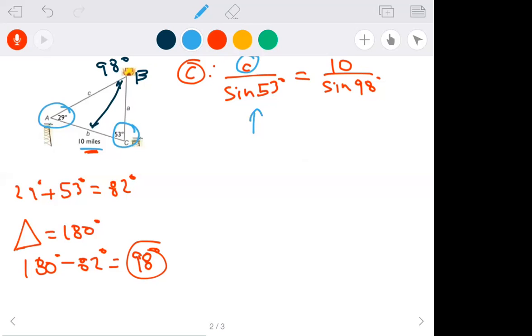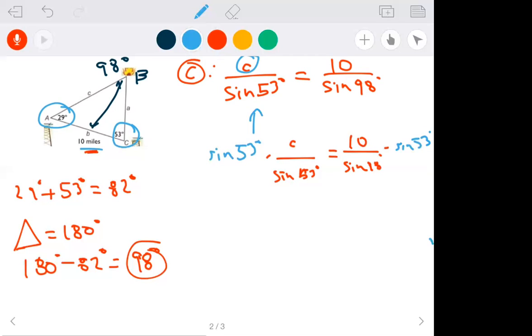If I do that, I end up with sine of 53 degrees being multiplied by C divided by the sine of 53 degrees, and that is equal to 10 over the sine of 98 times the sine of 53 degrees.